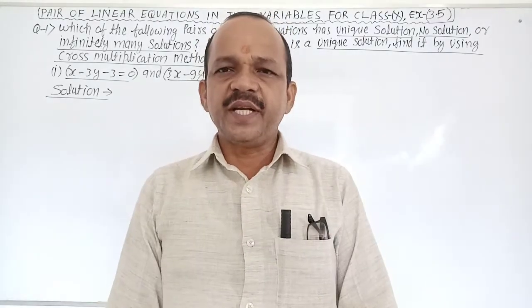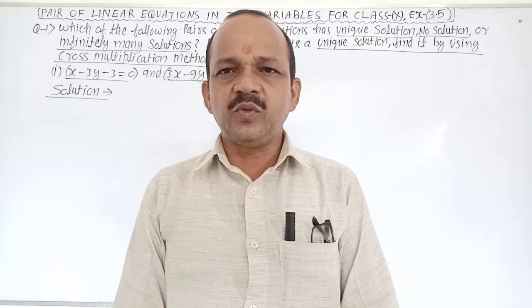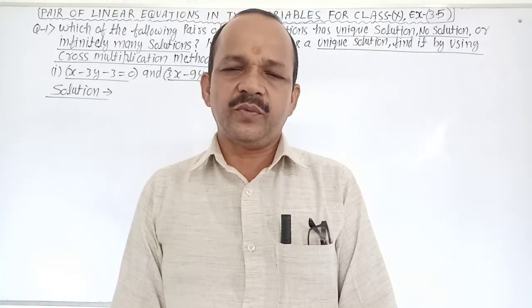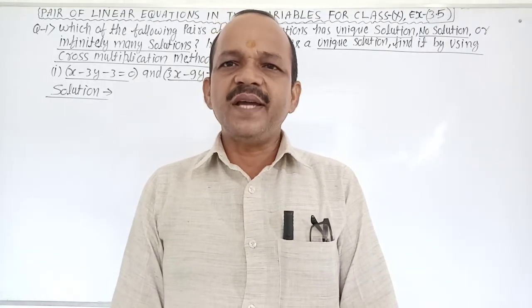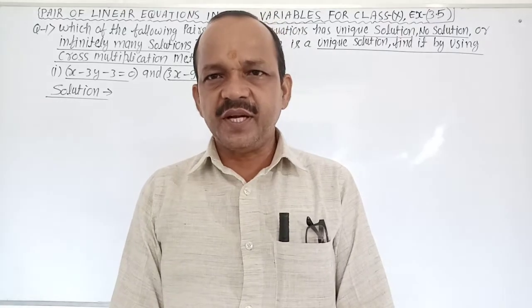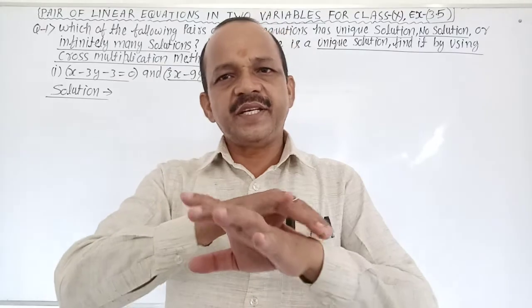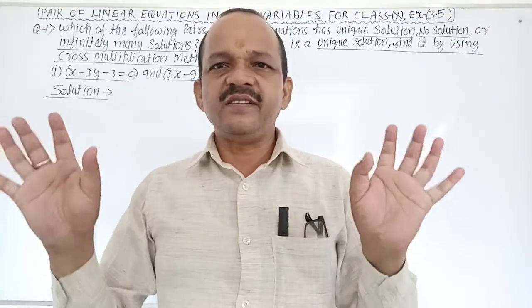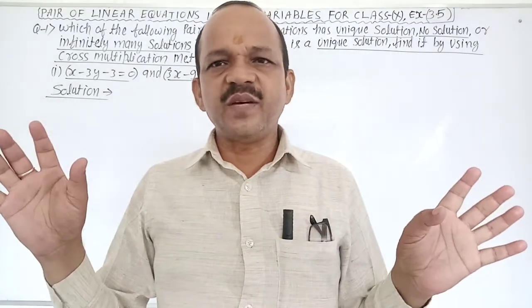If a1 by a2 equal to b1 by b2 equal to c1 by c2, then it shows coincident lines and consistent dependent system and infinitely many solutions.